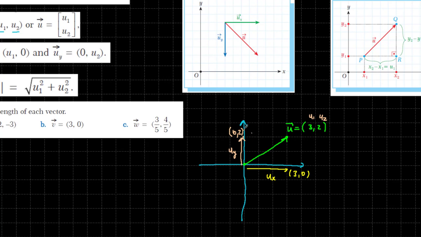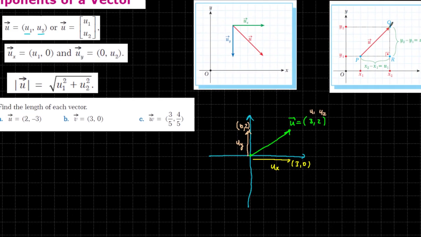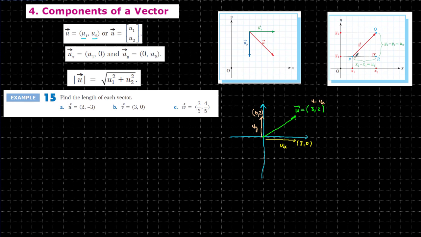And here, if our vector is not a position vector, you remember that we were finding by using x2, x1, and y2, y1, the values of u1 and u2. x2 minus x1 was u1, y2 minus y1 is u2, so the position vector moves here, and you can calculate from here the position vector. The length of the position vector u is equal to square root of u1 square plus u2 square.